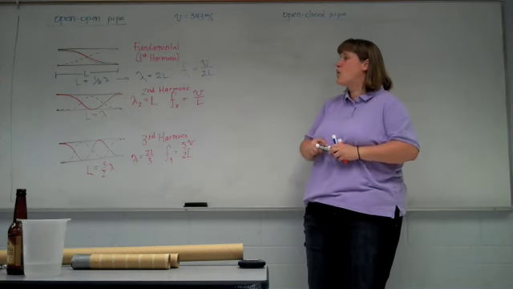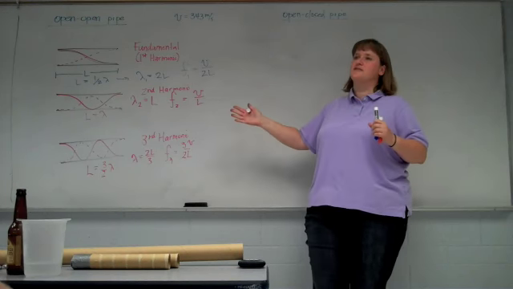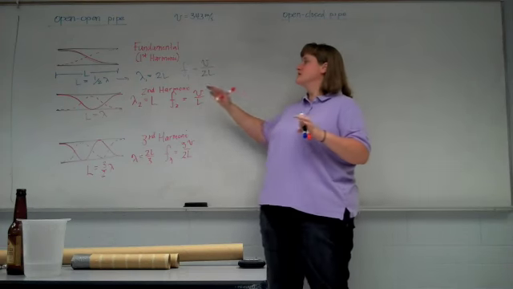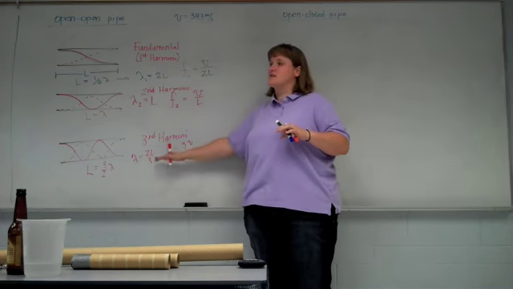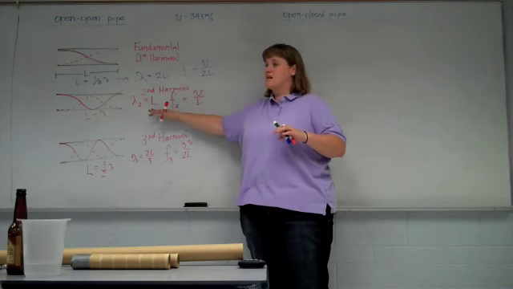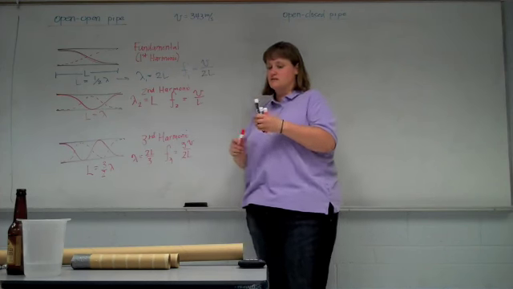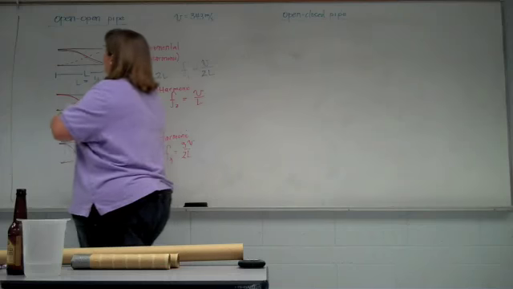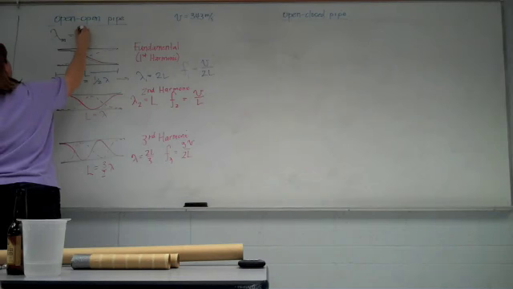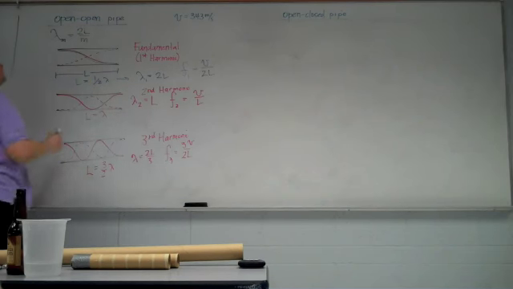If you notice, equation-wise, the pattern looks different from the standing wave on the string, but in terms of equations, they look the same. The fundamental wavelength's 2L, the second harmonic is L, the next one's 2L over 3, and so forth. So it turns out that we can say that the lambda for the mth harmonic is 2L over m for the open pipe as well, just like it was for the string.